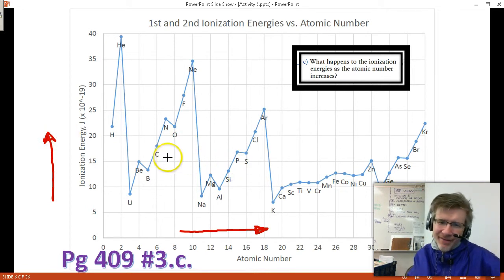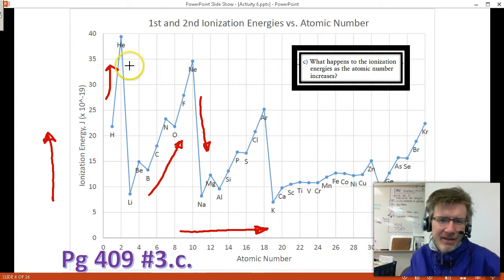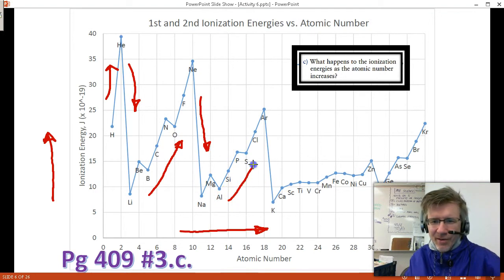So in general, if I go from lithium to neon, ionization energy is increasing, and then boop, it takes a big jump down after neon. Just like here, hydrogen to helium goes up. Feel free to draw these arrows on your sheet, and helium drops off. And then from sodium to argon, it goes up like this and drops off at argon.